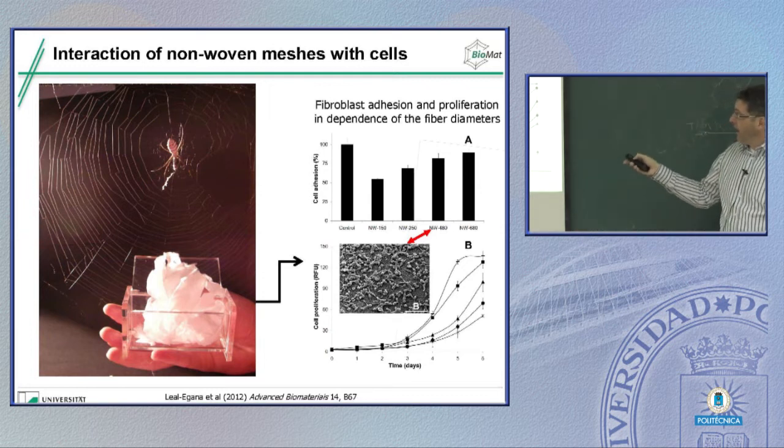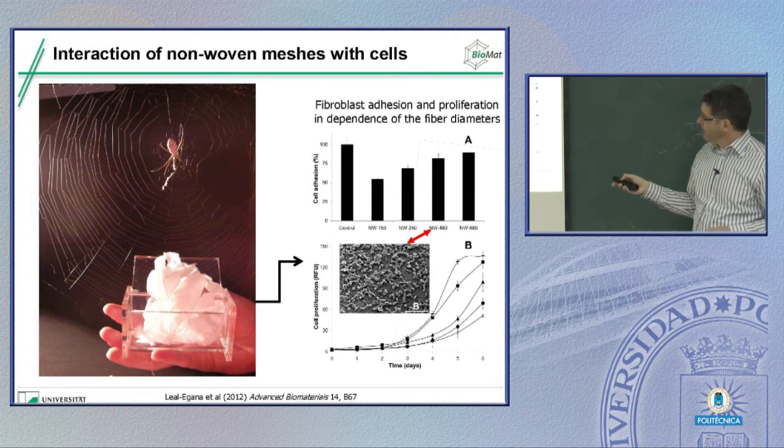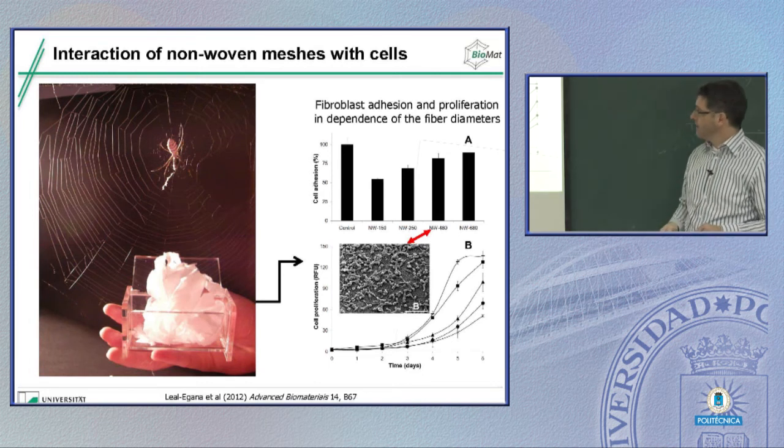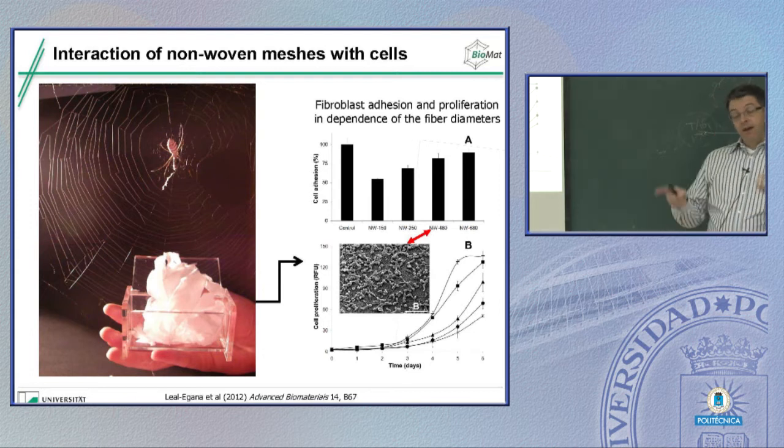And here you see an image of a nonwoven made of 500 nanometer fibers, and you see that the cells nicely spread on the surface, and they really have a very nice grip onto that surface.